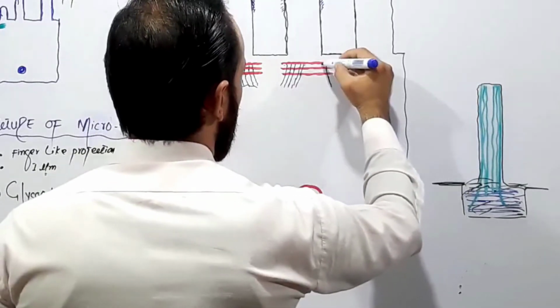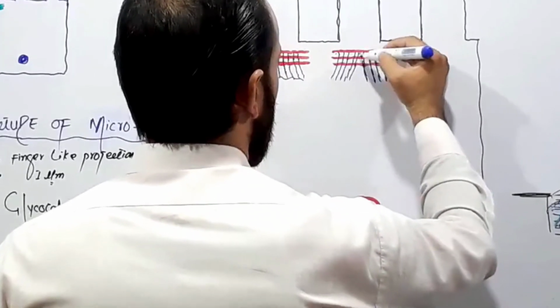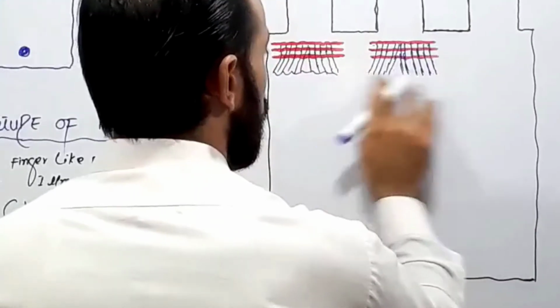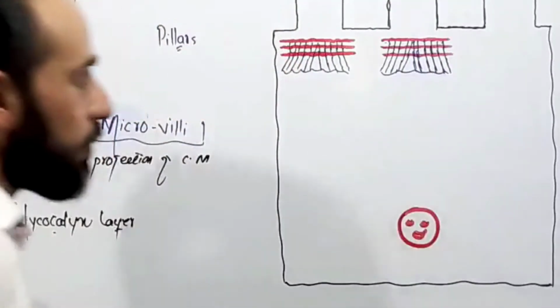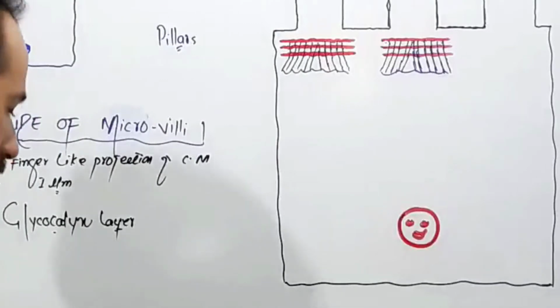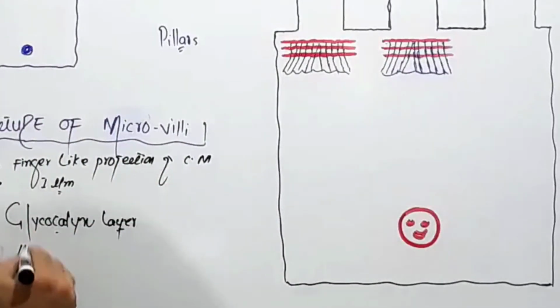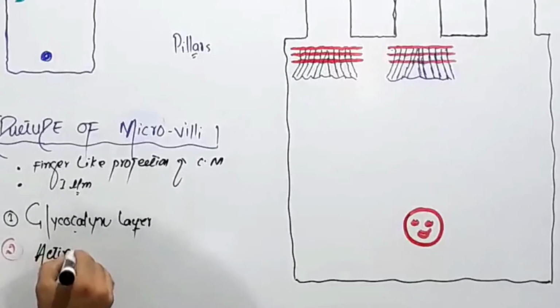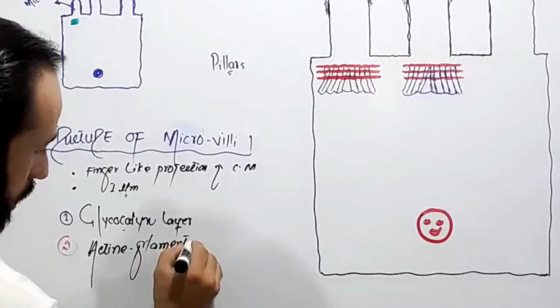So here is again that structure we will draw, and I will write the names of these proteins. They make the base, the root for this pillar. These red proteins are called the actin proteins, actin filaments, right?